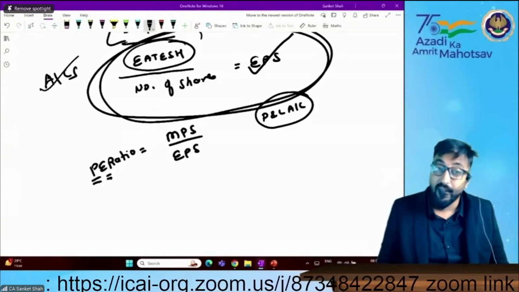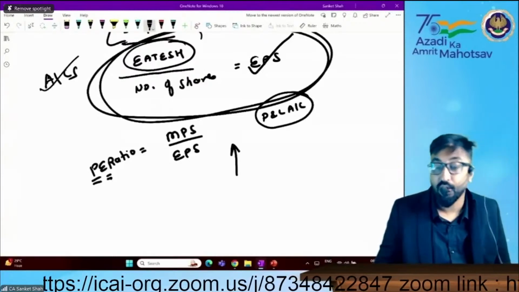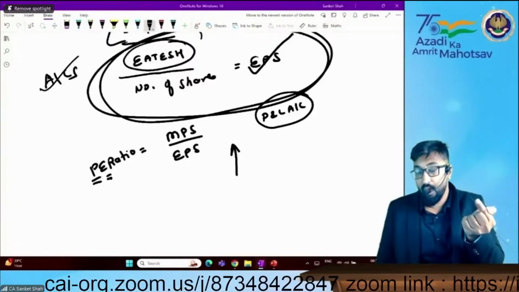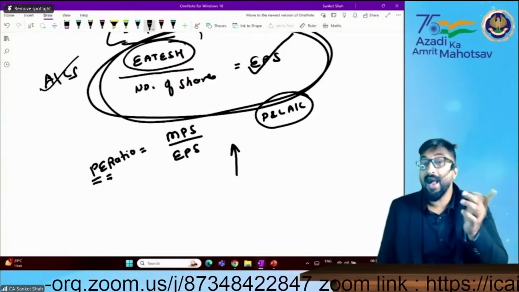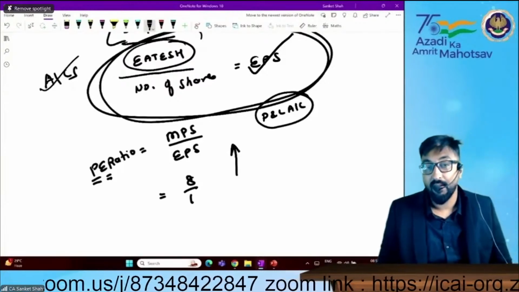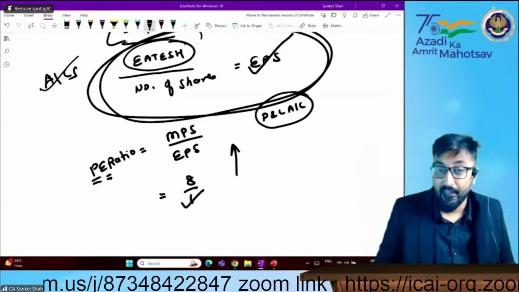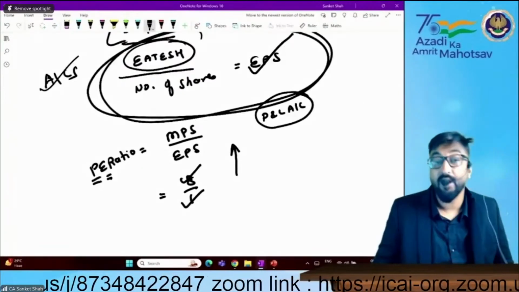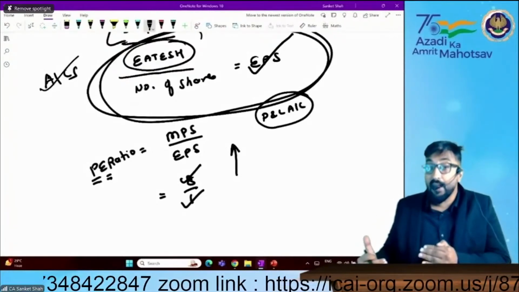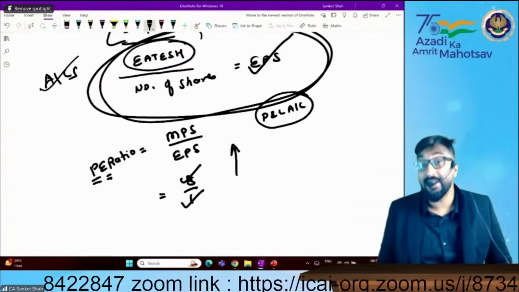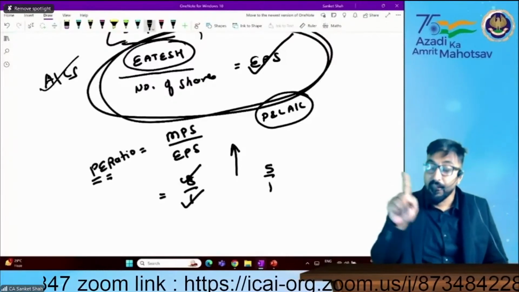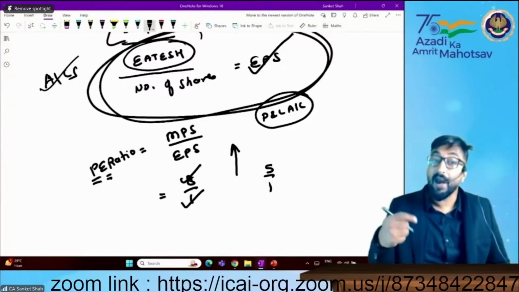This ratio indicates that the higher the ratio, the more you have invested as compared to your earning. For example, if the ratio is 8:1, you are getting 1 rupee and the market price is 8 rupees. So the PE ratio is higher. It shows your earning is 1, but your market price is 8 times. If it is 5, your earning per share is 1, but your market price is 5.